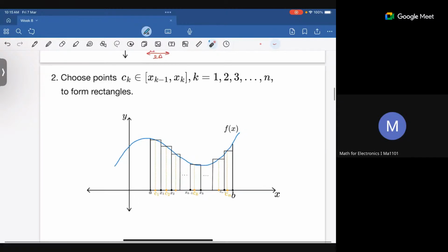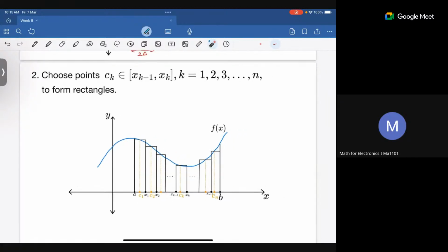So we'll have C1 to Cn, right? And why are we going to choose these points? Because we have to construct rectangles. What is the main idea of choosing these Ck's? Once you choose Ck, you take f of Ck as the height of that kth rectangle.